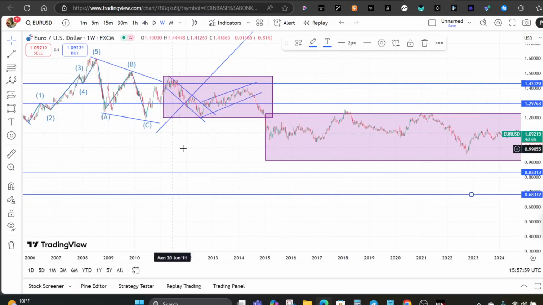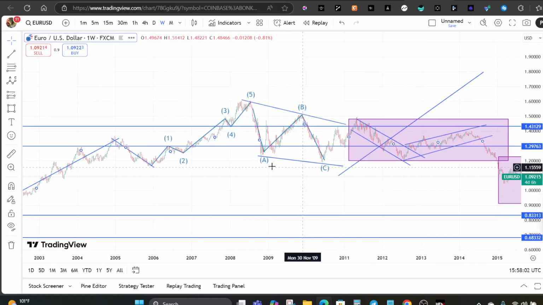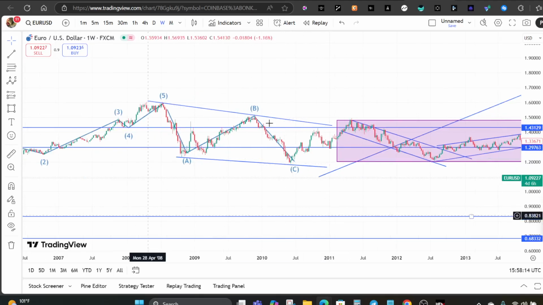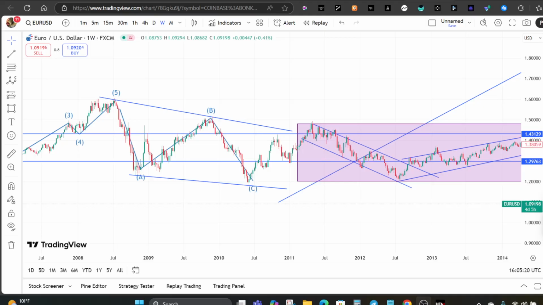We have talked about the impulse move in a 5-wave structure, and the corrective move in a 3-wave structure.